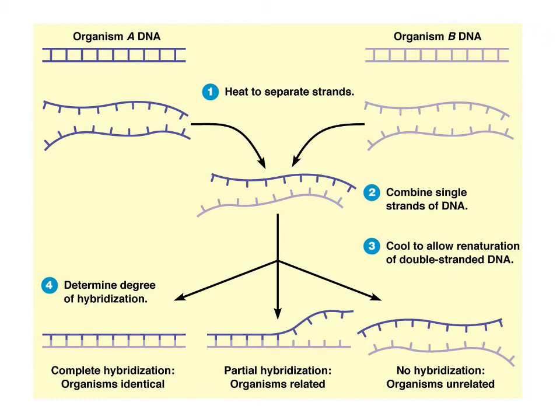If there is complete hybridization, if it matches completely, they fit together completely, the organisms are identical. If there is only partial hybridization, then the organisms are related, but they are not identical. If those two strands of DNA do not fit together at all, there is no hybridization. The organisms are unrelated.